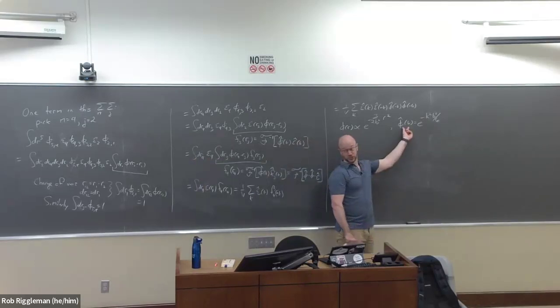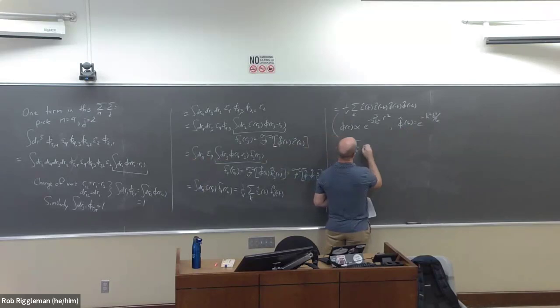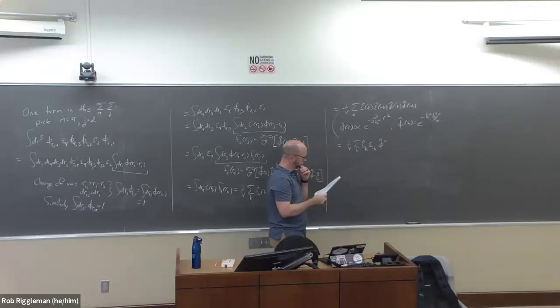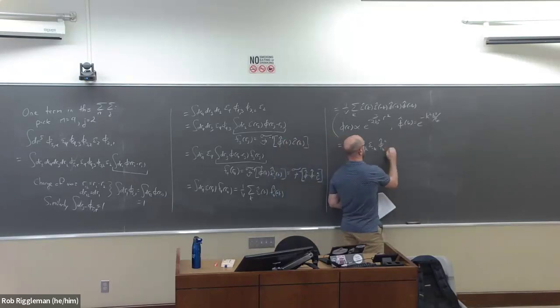But again, this is an even function of k, right? So this phi hat of k is equal to phi hat of minus k. And so then this whole thing is just equal to 1 over V sum over k, epsilon of k, epsilon of minus k, written as subscripts, and then phi hat of k squared.